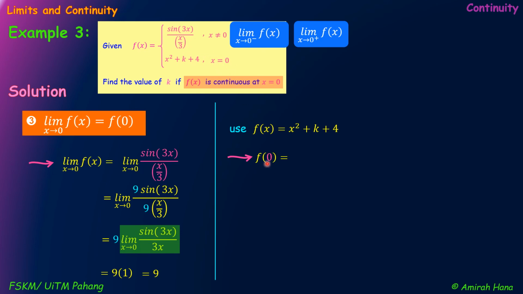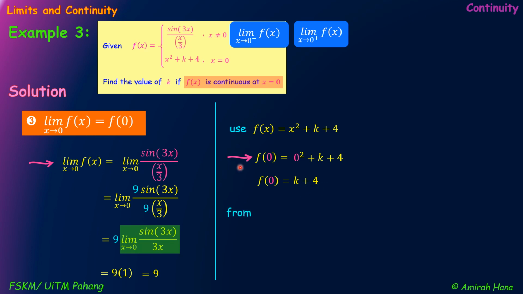So to find f(0), we use x squared plus k plus 4, and we replace 0 into variable x only, not into variable k, because 0 is the value of x. So we get 0 squared plus k plus 4. After we simplify, f(0) equals k plus 4.